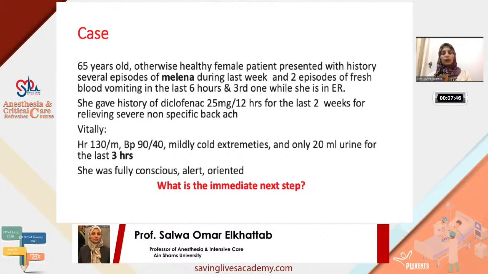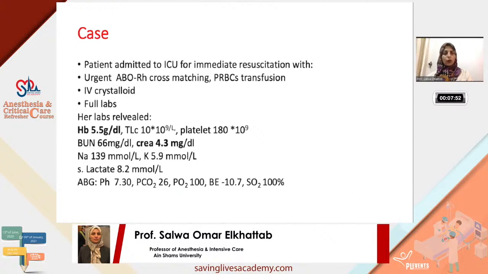Our colleague in the ER sent her to us in the ICU for immediate resuscitation, where we requested urgent ABO-Rh cross-matching and packed RBC transfusion. She was given IV crystalloids, and the full labs revealed her hemoglobin was 5.5 grams per deciliter.